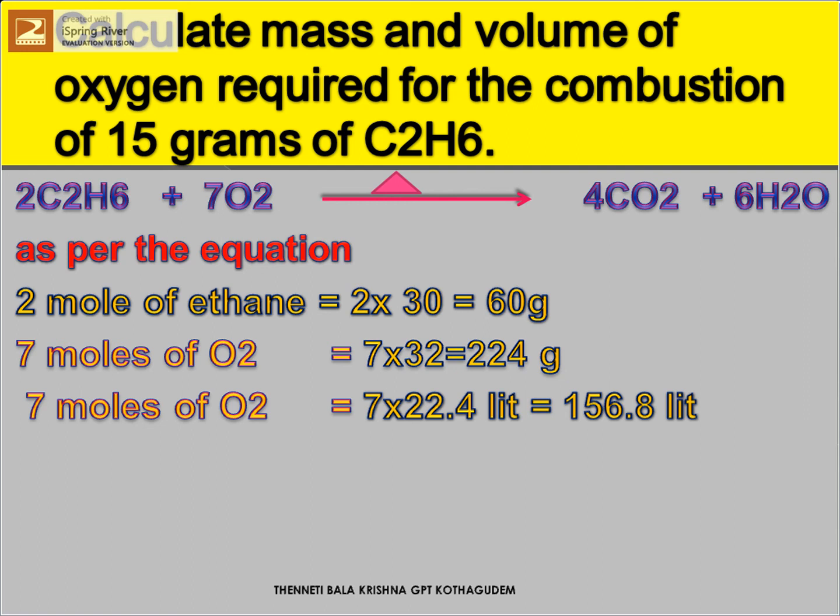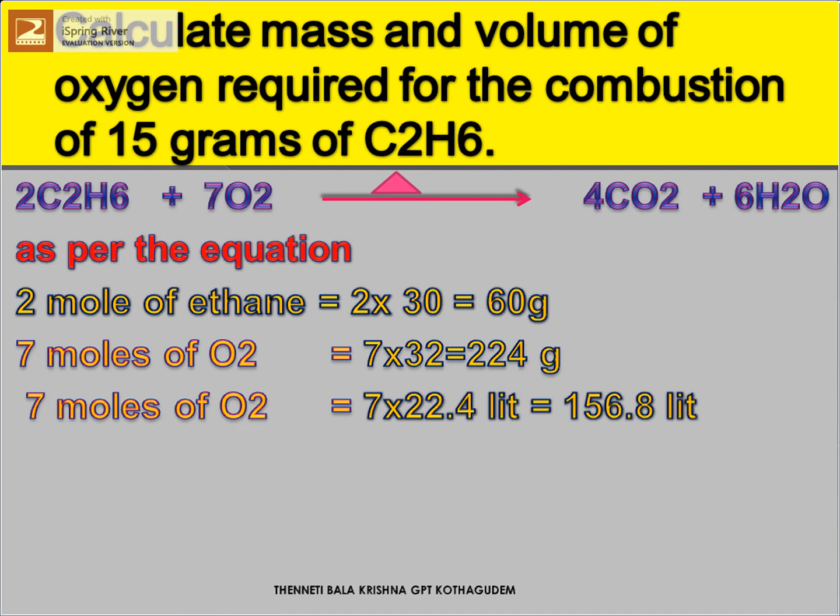So 60 grams of ethane requires 224 grams of oxygen. What is our question? 15 grams, right? Write it: 60 giving rise to 224, 15 giving rise to how many?